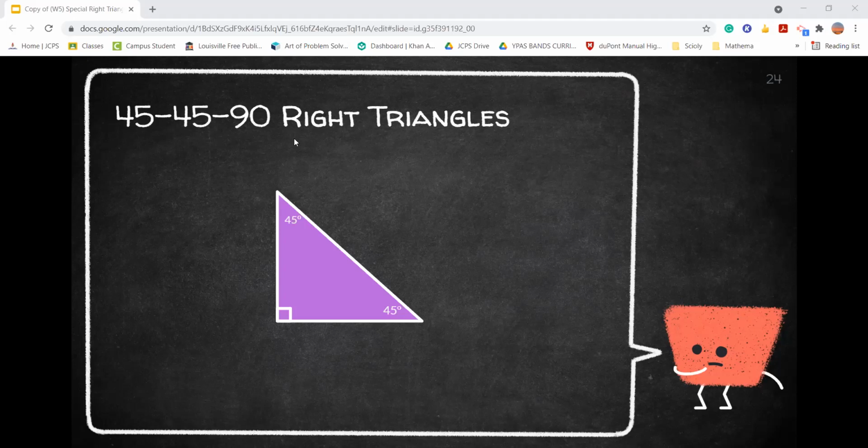So just a simple question: which one of these classifications fits this triangle? Equilateral, isosceles, or scalene? Yeah, it's hard to spell, but it's isosceles.